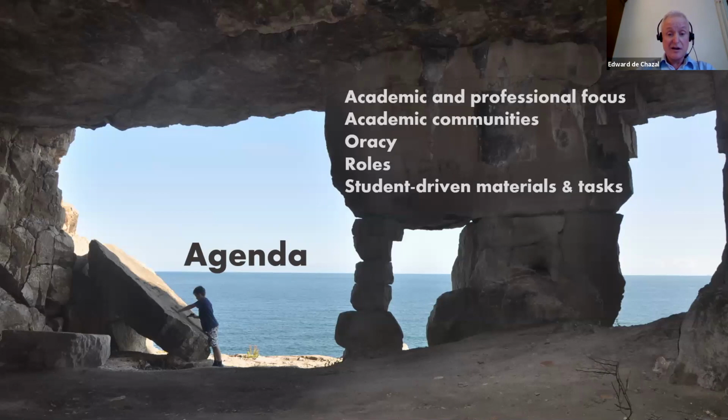So our students are beginning to be members of academic communities, perhaps novice members. My main thrust is oracy, so an argument for oracy, skills in listening and speaking akin to numeracy and literacy. And we will enable this through roles. Students will work with roles, and I'll explain those later. That leads to the final part of our talk today, student-driven materials and tasks.